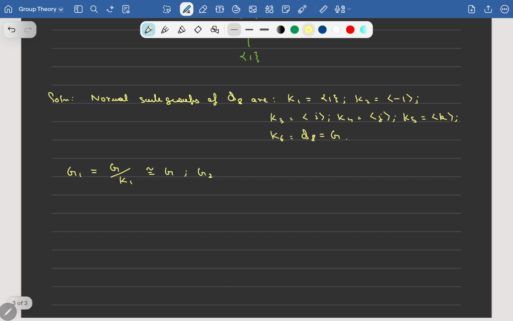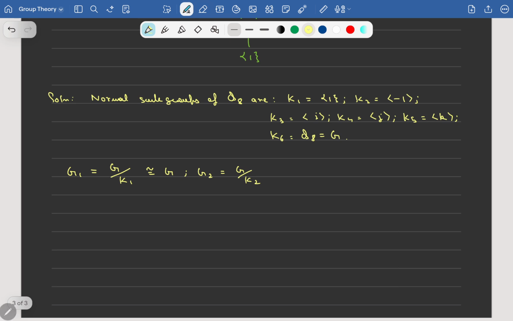Then we need to take G2 to be G mod K2, so it's Q8 mod {1, -1}, so it should be a group of order 4, right? So it's either the cyclic group Z4 or it's the Klein 4 group.